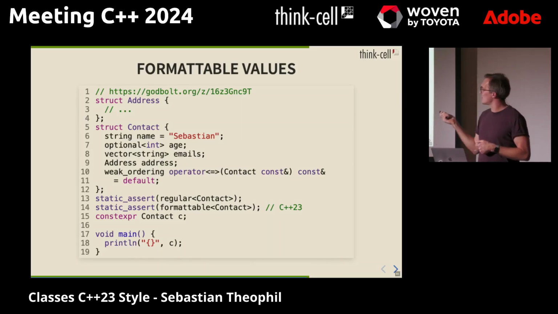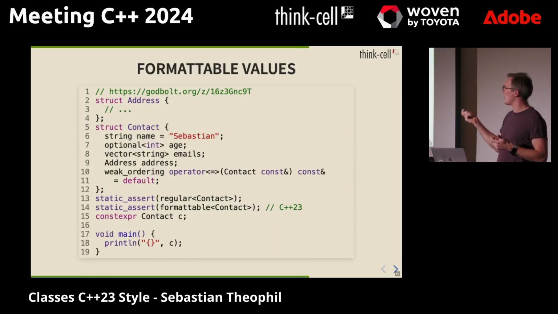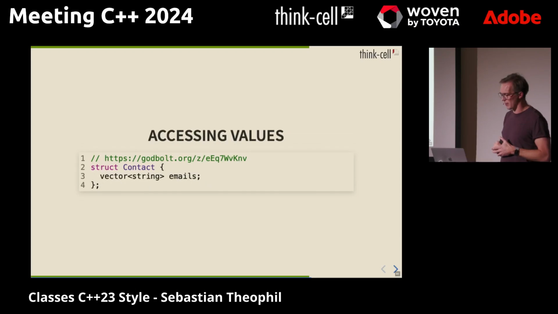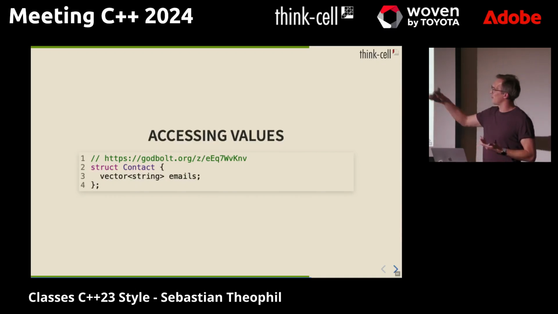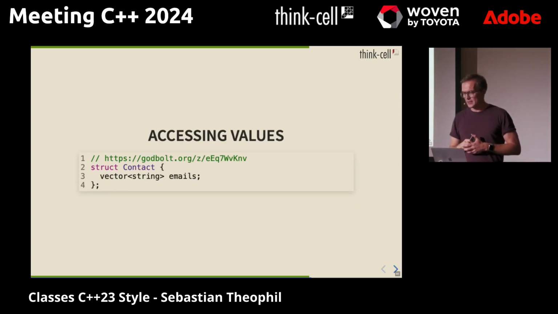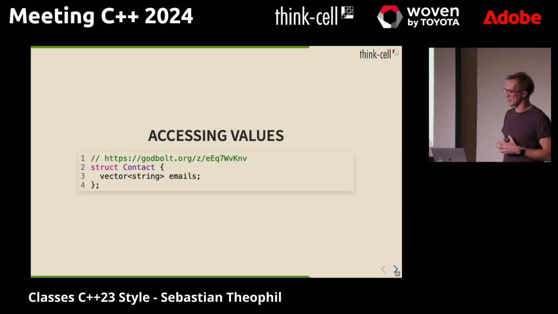Now, the last and one of the, I think, main features in C++23. How do we access values in our data types? So far, I've just defined some simple members, right? Typically, that's not what you do. You don't have public members unless you have very simple value types.